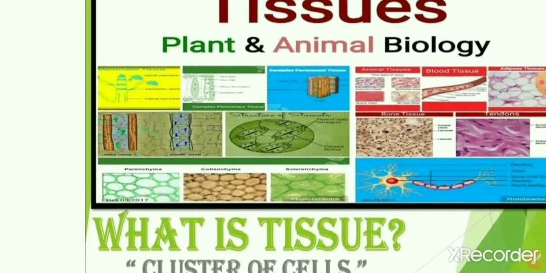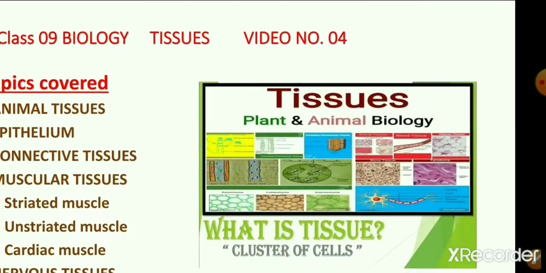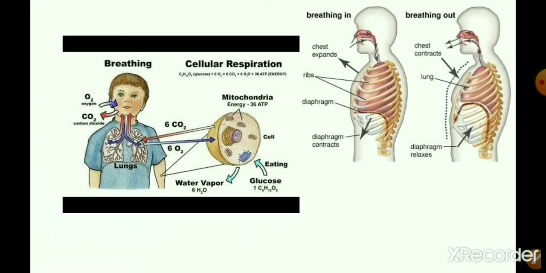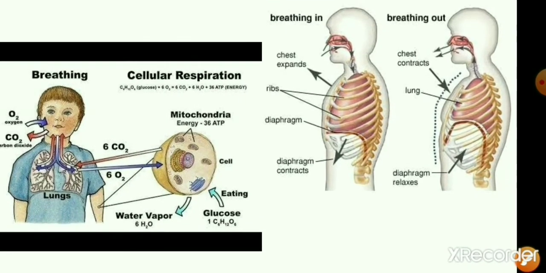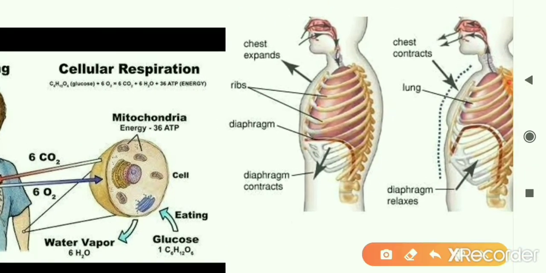Right? So as an example which is given in your NCERT book, let us take the act of breathing. What happens when you breathe? When you breathe, you must have seen your chest moves up and down. This movement of the chest helps you to take in air or to exhale air, and this movement is brought about by the contraction and relaxation of muscles which are present between the ribs and the diaphragm.